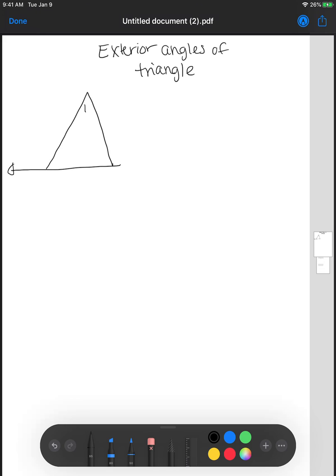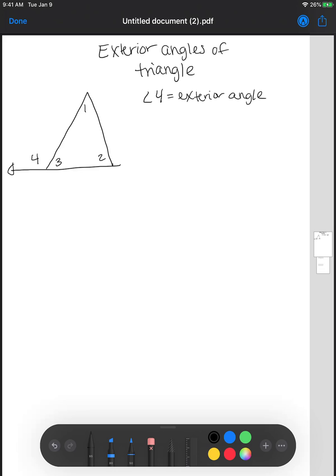This is angle 1, 2, 3, and then this outer angle, the exterior angle, is 4. So yes, angle 4 is an exterior angle. And I don't think we have to identify that angles 1, 2, and 3 are interior angles of a triangle. Obviously they're inside the triangle, right?